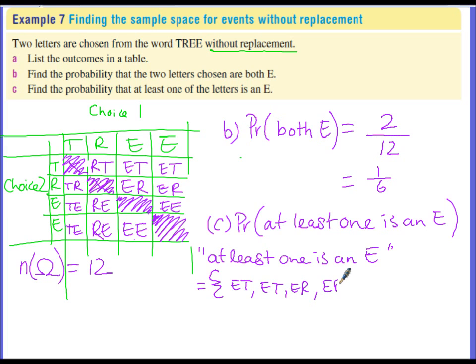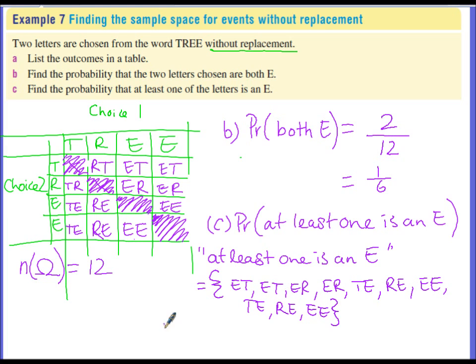So remember it has to have one E or more than one E. So there's another ER that also fits. TE fits. RE and EE from row 3. Quite a few things in here. Then in row 4, TE, RE and EE. TE, RE and EE. So that's a lot of stuff in that event space, isn't it? 1, 2, 3, 4, 5, 6, 7, 8, 9, 10.